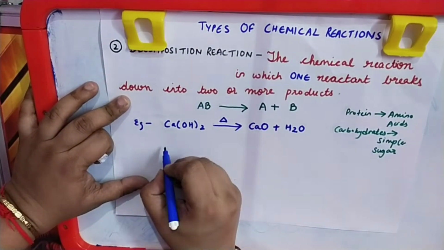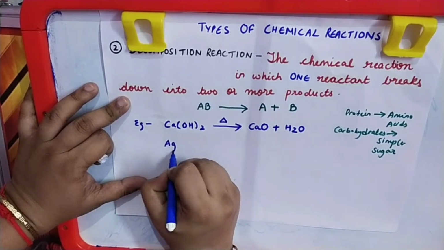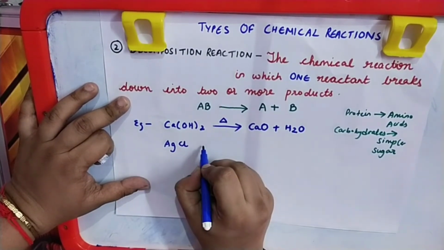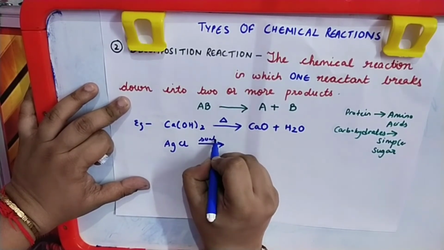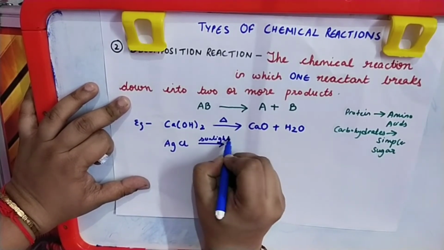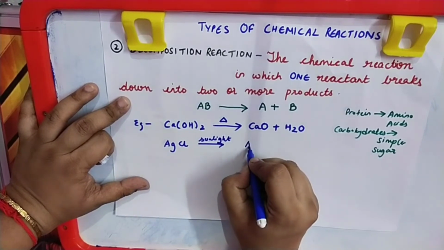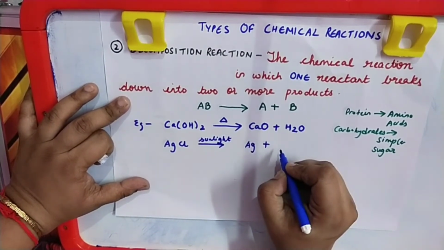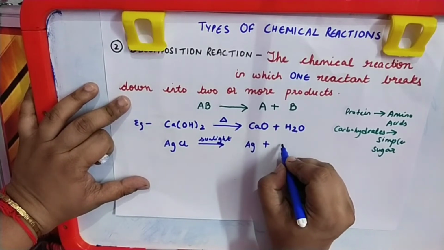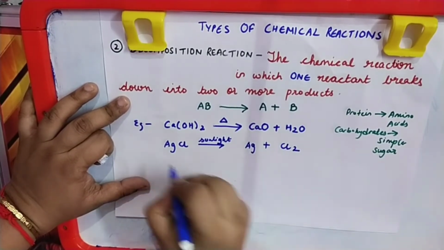Another example, say silver chloride. When it is exposed to sunlight, it gives silver, Ag, plus chlorine gas. Balance them.